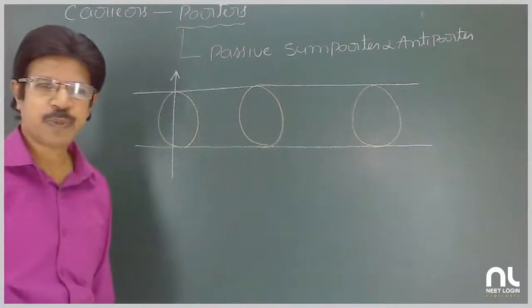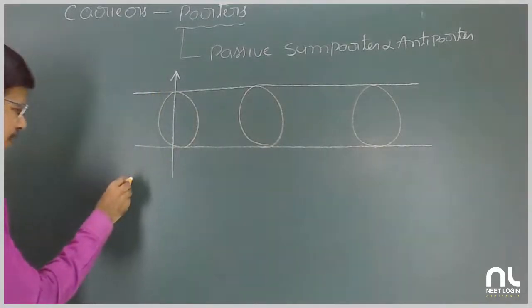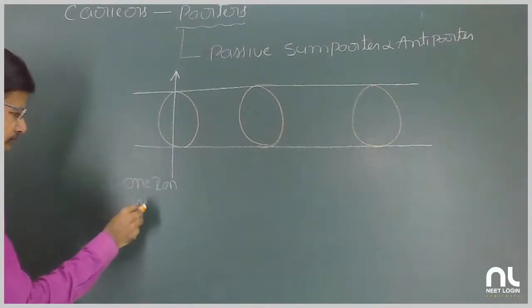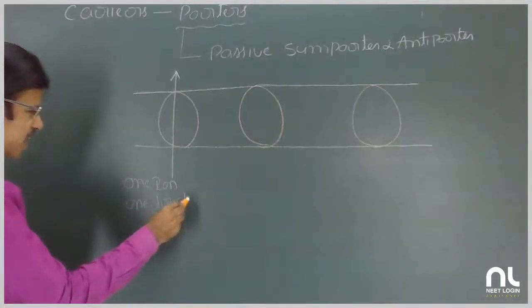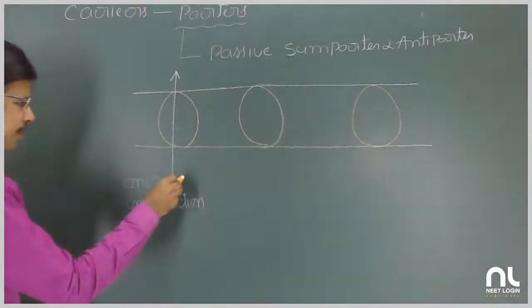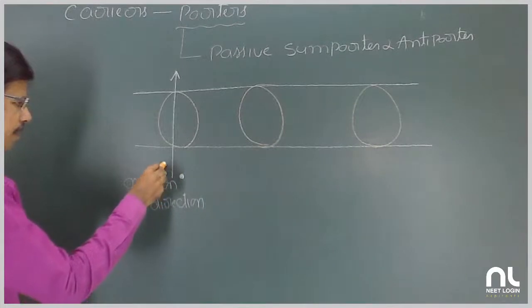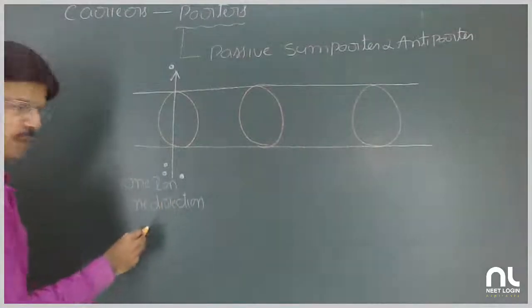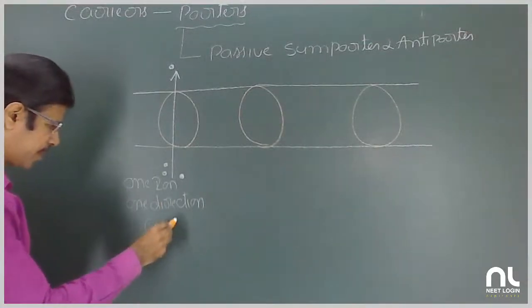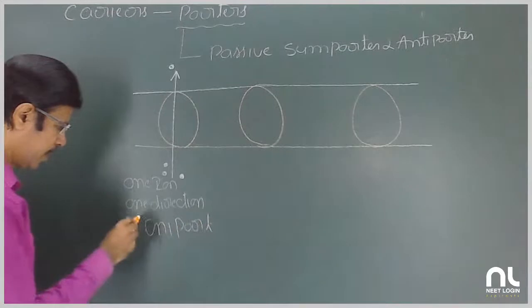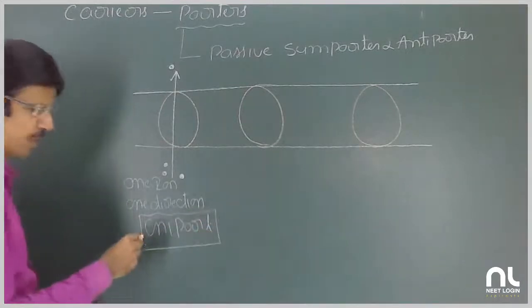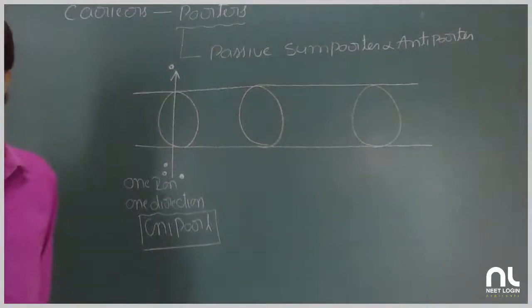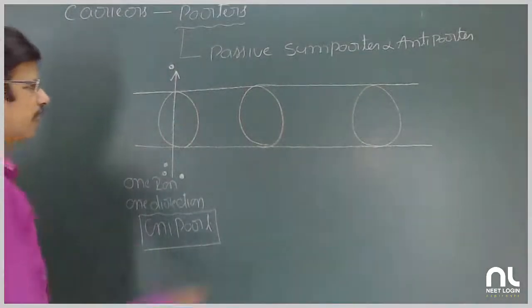Suppose this carrier transports one ion in one direction. One ion, one direction. What do you call it? Uniport. Uniport: one ion, one direction.